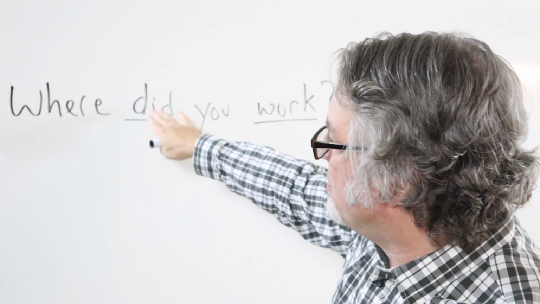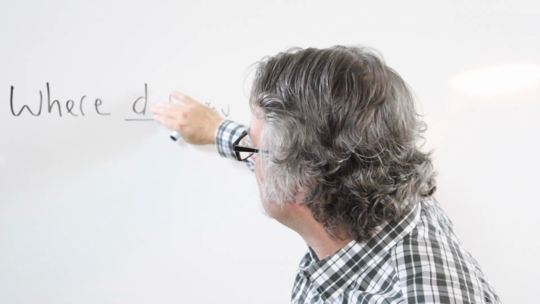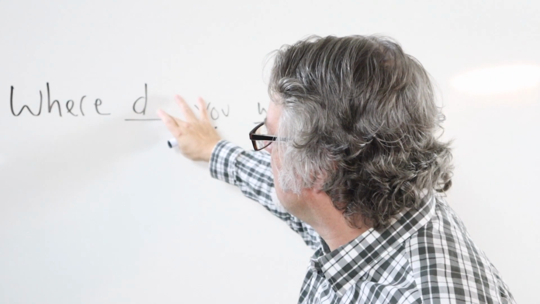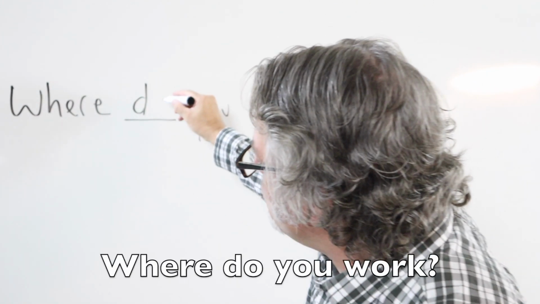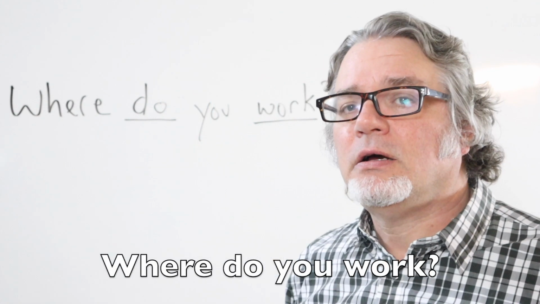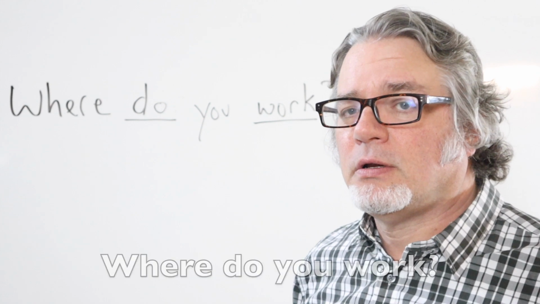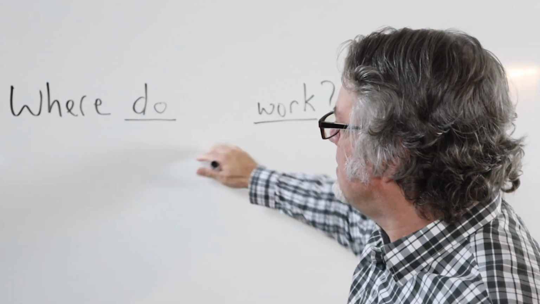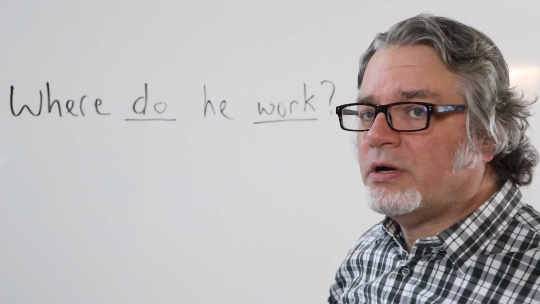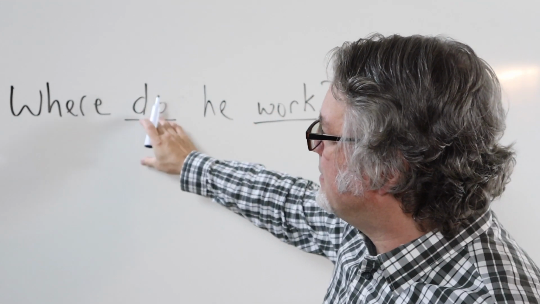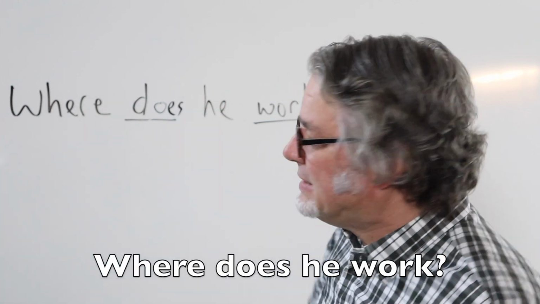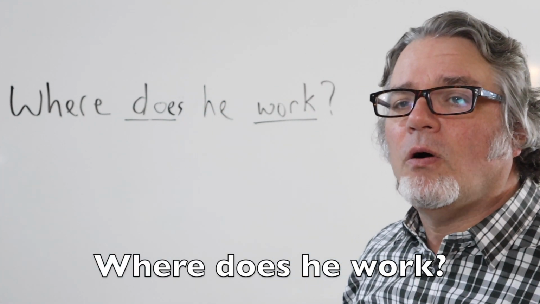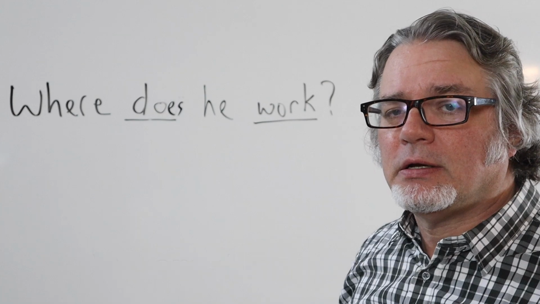But if you put this in the present tense, then use do. Where do you work? If the subject is he or she, then this changes to does. Where does he work?